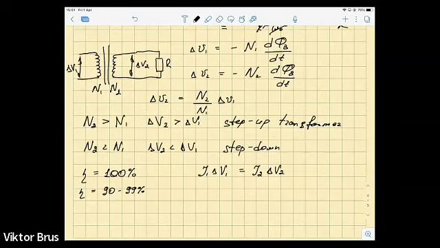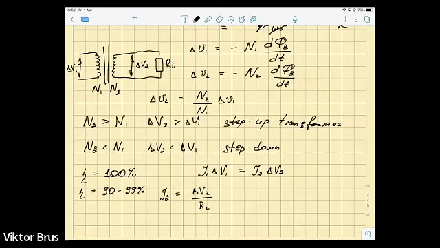So from here we can consider the resistance. Let's call it RL, the load resistance, which we connect to the secondary coil. When we know this resistance, we can write that the current I2 in the secondary coil will be equal to delta V2 divided by RL.